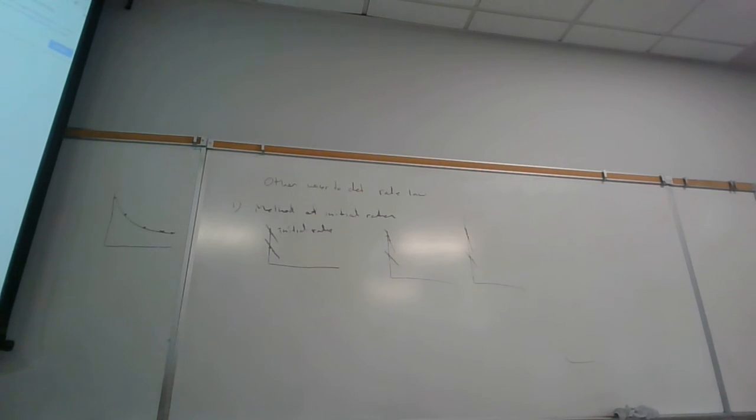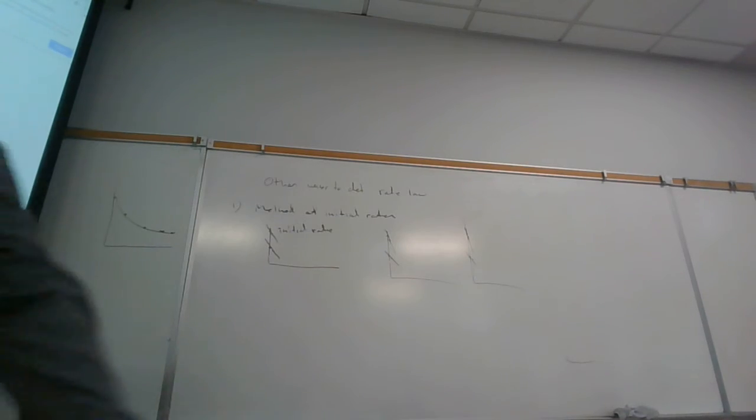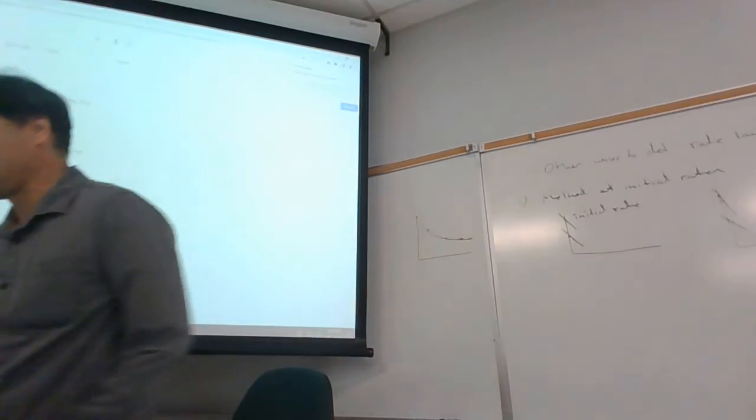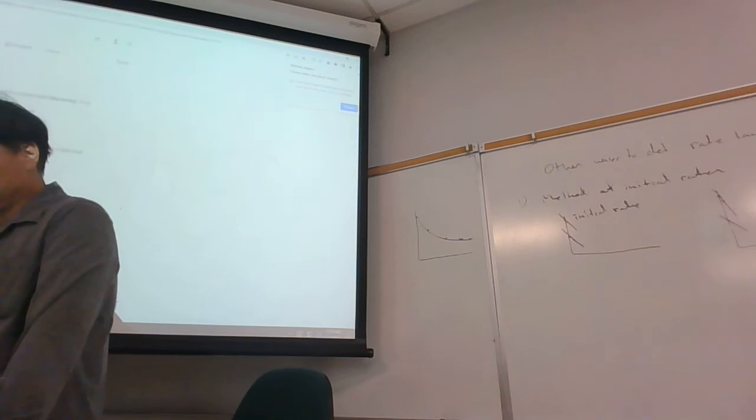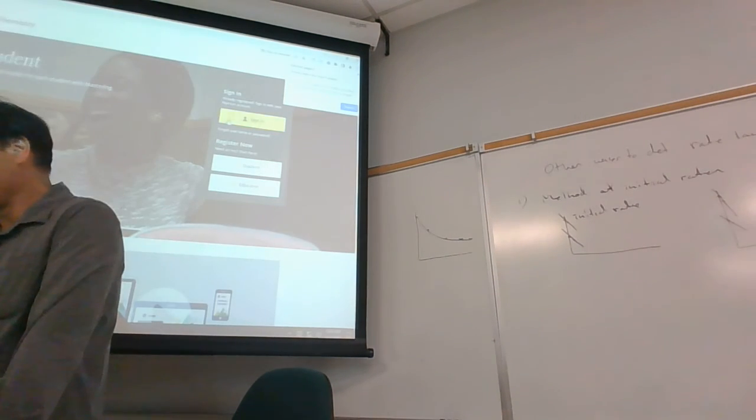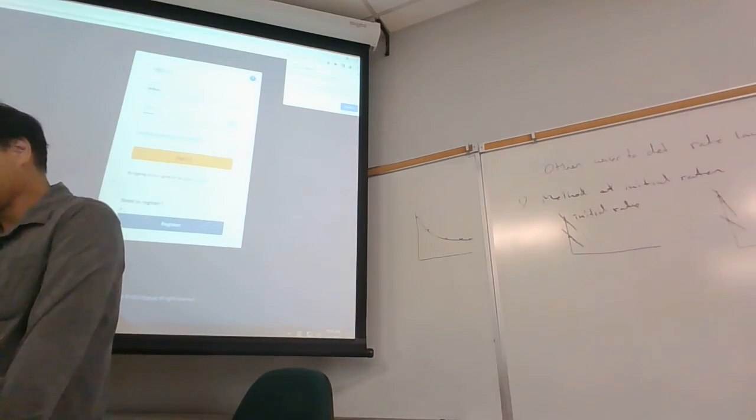So let's take a look at an example of the method of initial rates. But if we do multi-variable, we aren't going to get the integrated rate law because the math is beyond the scope.